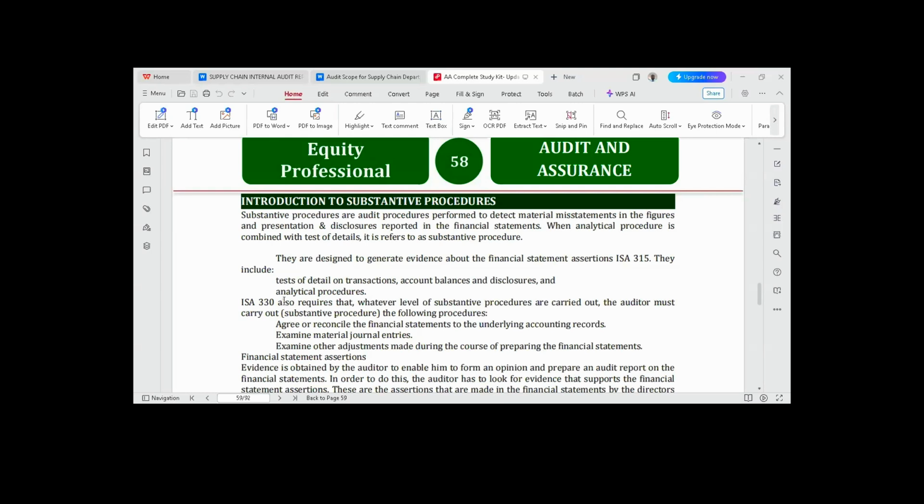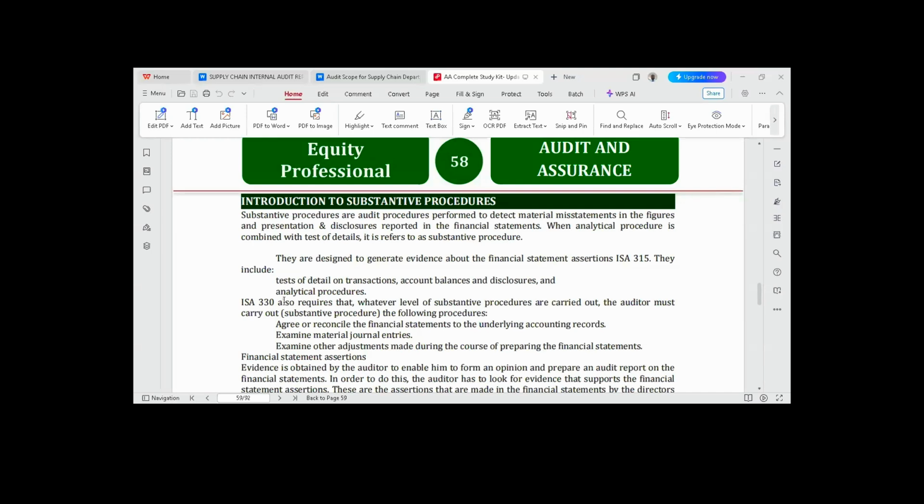Now, when you talk about substantive procedure, what we need to know also is that, remember, when we talked about audit evidence and sampling, I made mention of financial statement assertions, and I explained what they are.